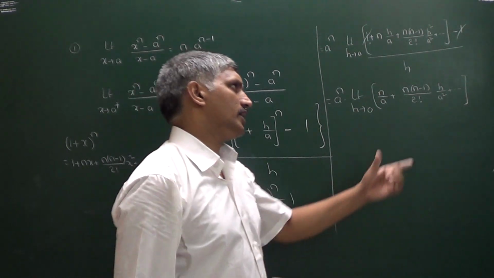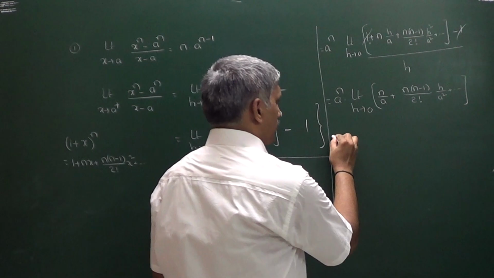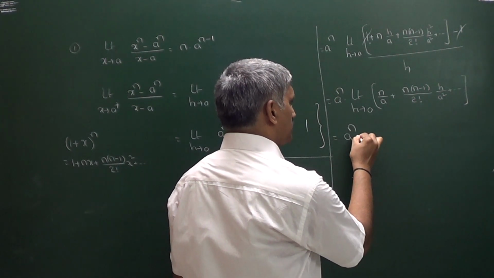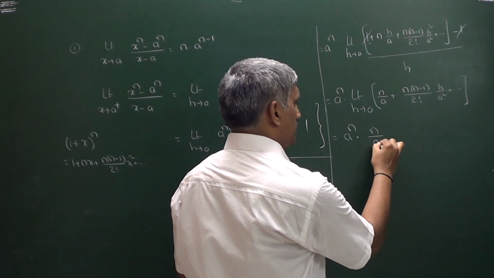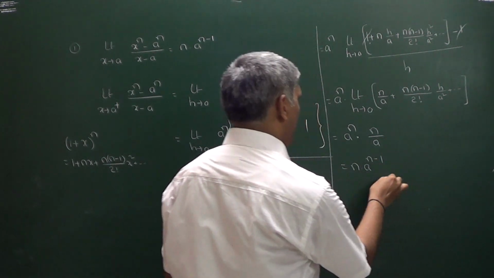Now in every other term there is an involvement of h, so it becomes 0. So we are getting a to the power of n into n by a, that is nothing but n into a to the power of n minus 1.